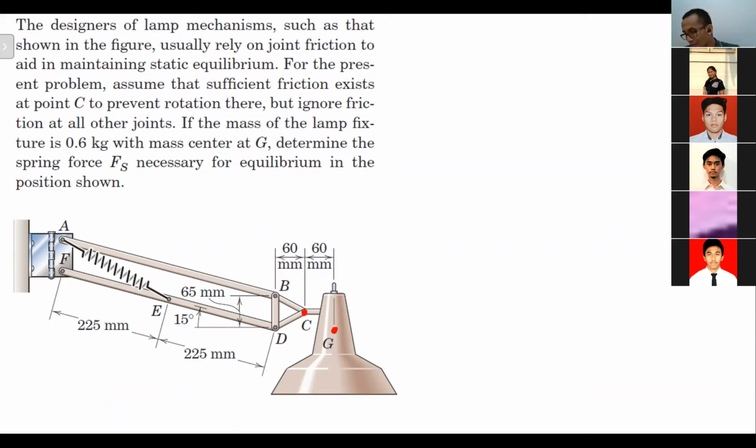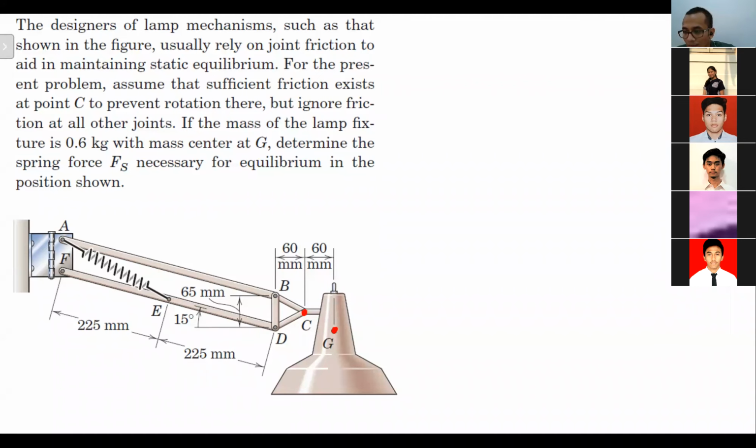But the other joints, A, F, B, D, are frictionless. So now the question is: find the spring force Fs to create the equilibrium condition like in the picture. The spring force is this one, from A to E, that spring.